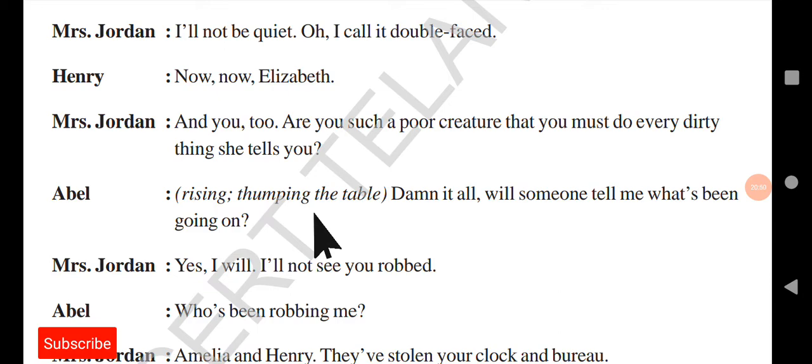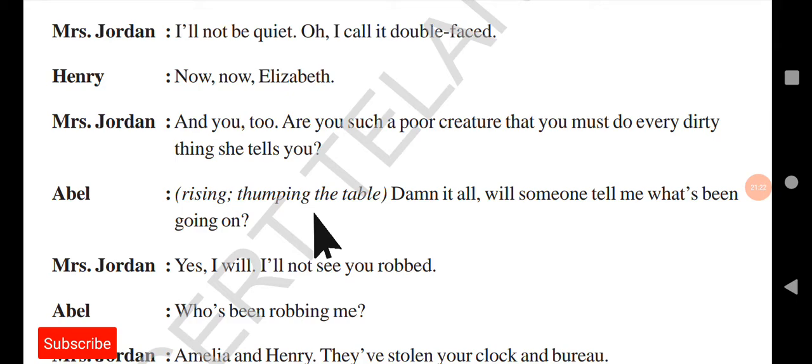So here, when Abel Meriwether says even the clock belongs to him, Mrs. Jordan, that means Elizabeth, immediately understands what is going on. She understands that her sister brought the bureau and the clock downstairs, and she tells her father there is nothing short of robbery going on in the house. She says she will tell him what is going on here. Immediately her sister interrupts and says, no, no, Elizabeth, don't tell anything, keep quiet.